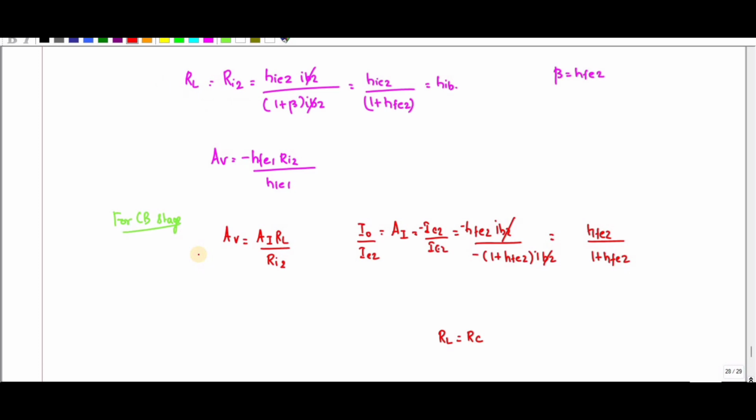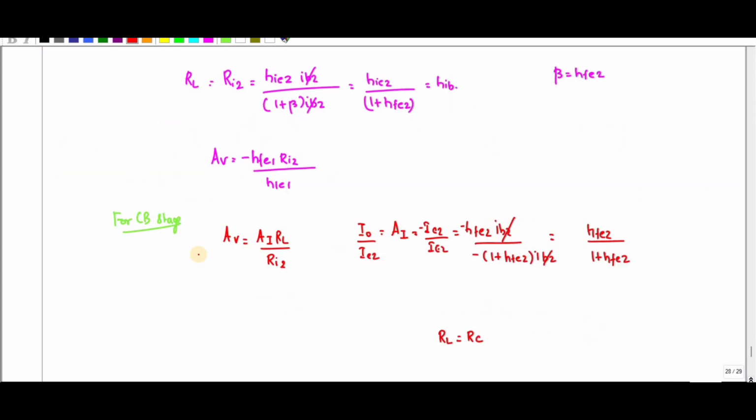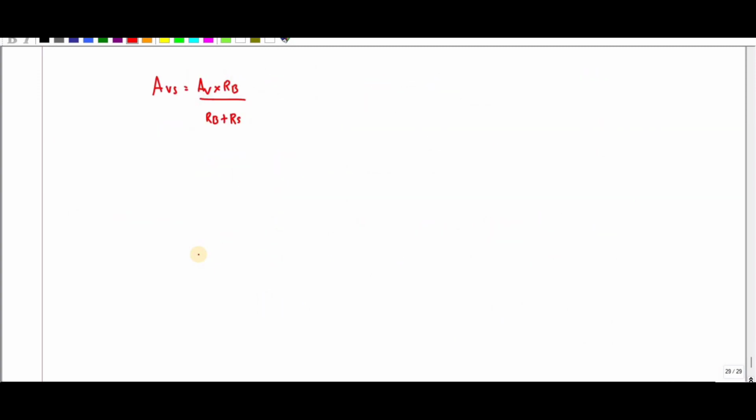In a similar way, if I want to find the value of AIS, AIS is nothing but I naught divided by IS.